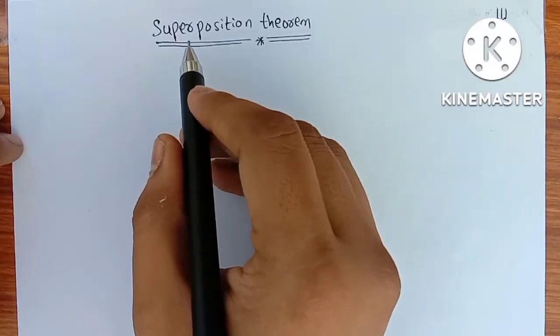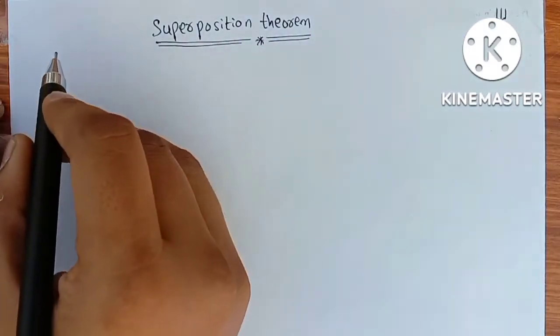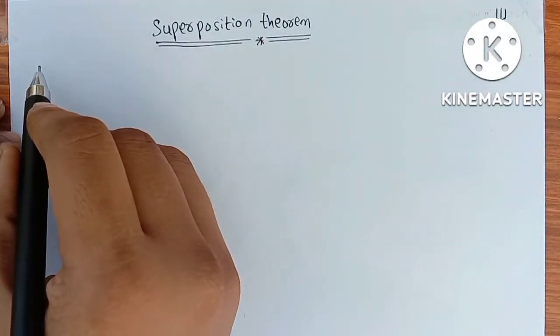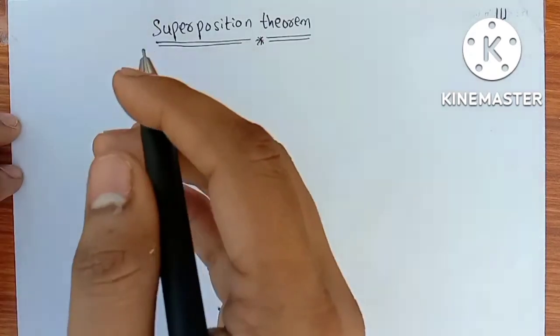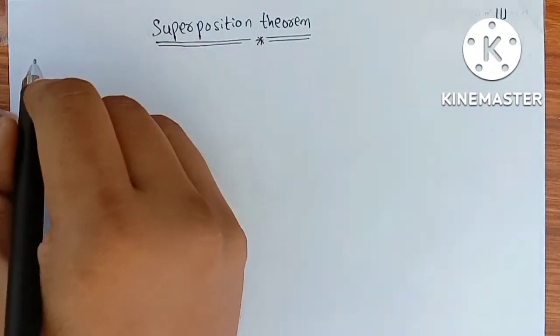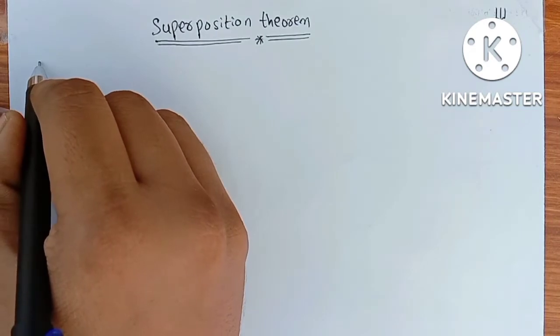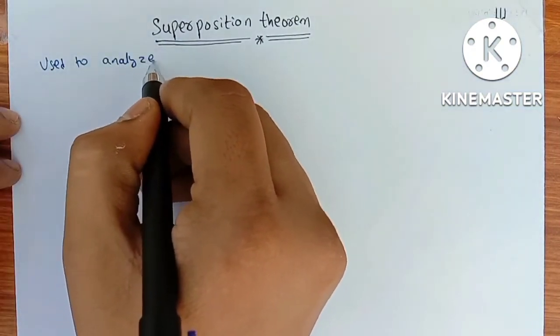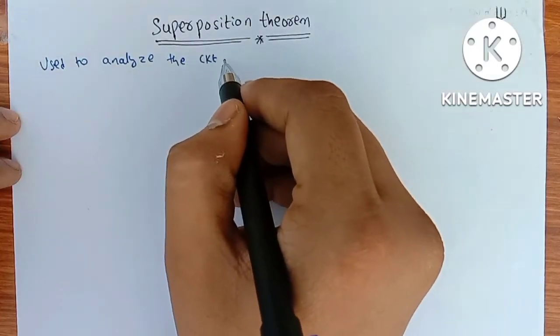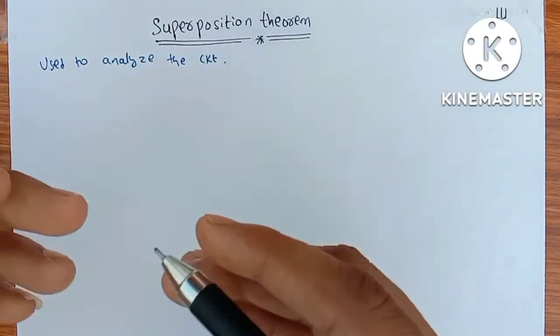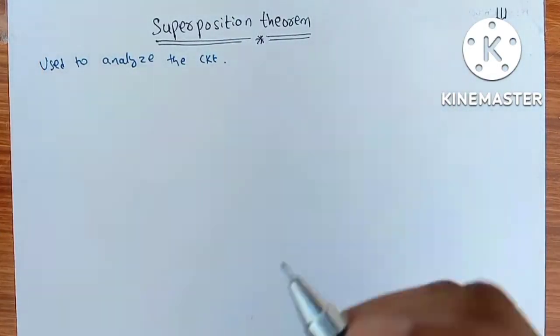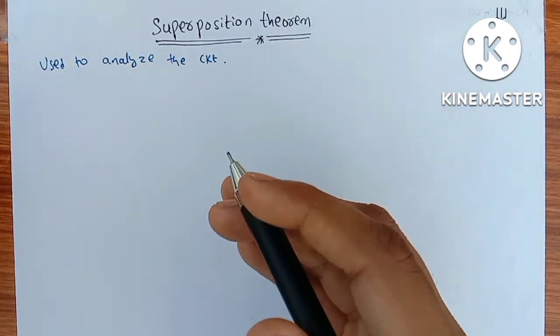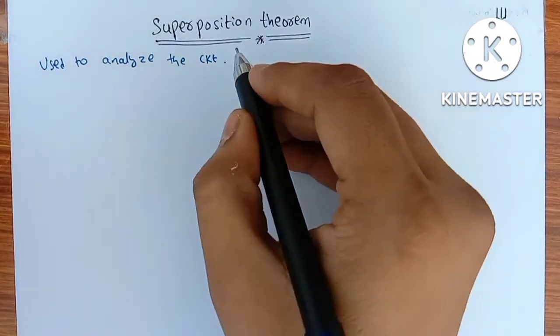In this lecture, let us see the superposition theorem. Superposition theorem is used to analyze the circuit, but all theorems are used to analyze the circuit. Then what is special about the superposition theorem?